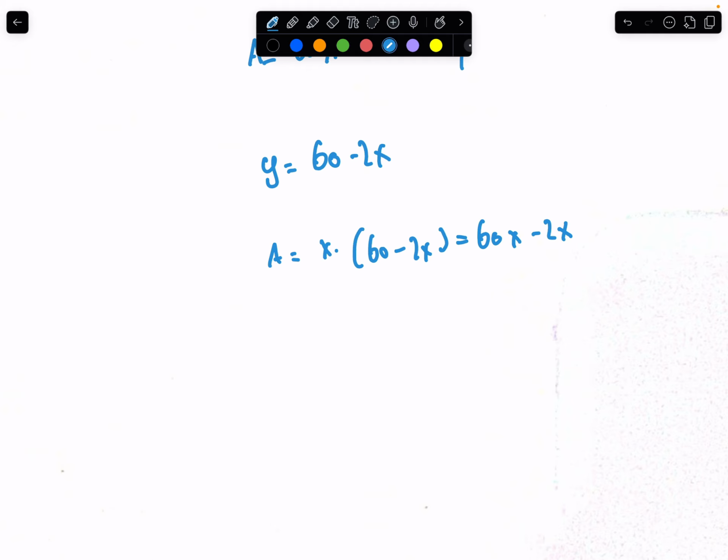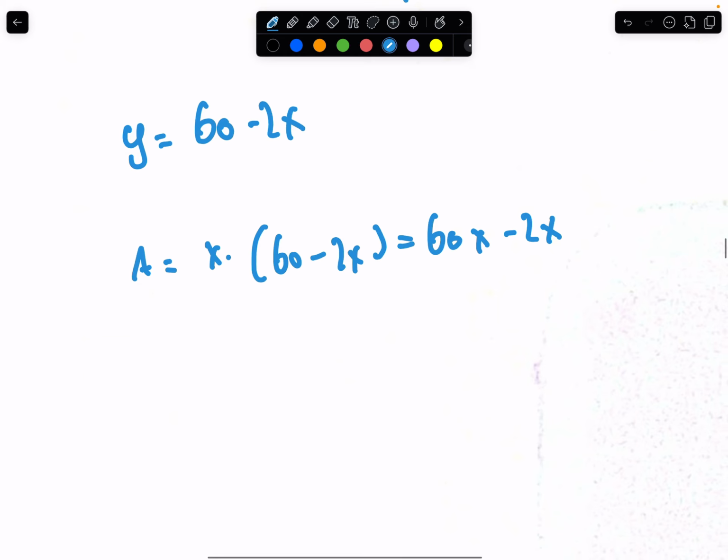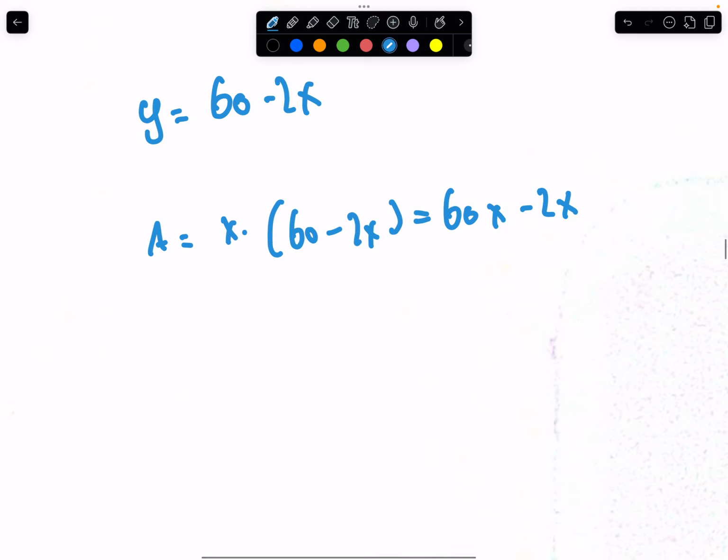Now we have to differentiate to find the maximum. So to find the value of x which will give us the maximum area, we take the derivative of the area function and solve when it equals 0.